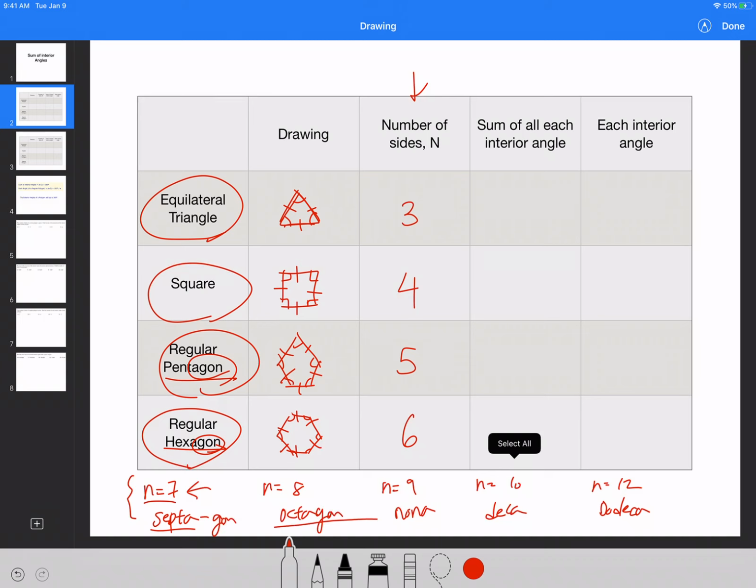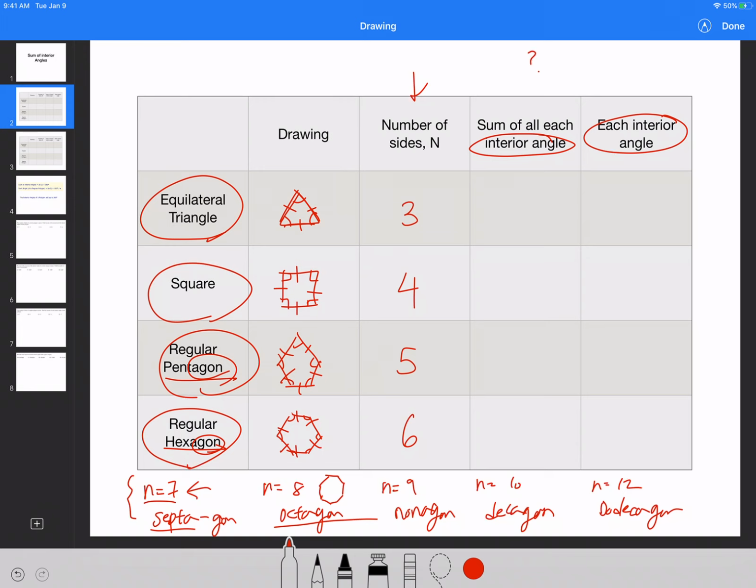Octagon, as you already know, is like a UFC ring. We call it the octagon because it has 8 sides, and it's perfectly regular, which means all the sides and all the angles are the same. Nonagon means 9. Decagon means 10. Dodecagon means 12. Okay, so solve for each interior angle.